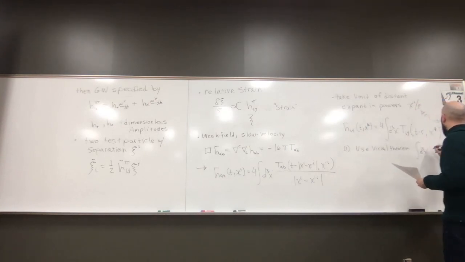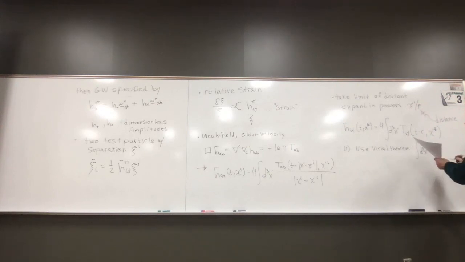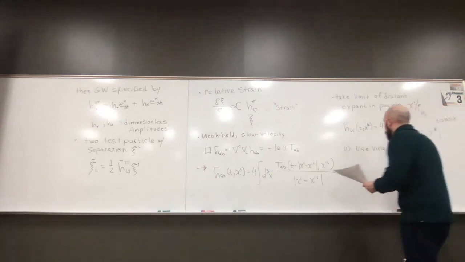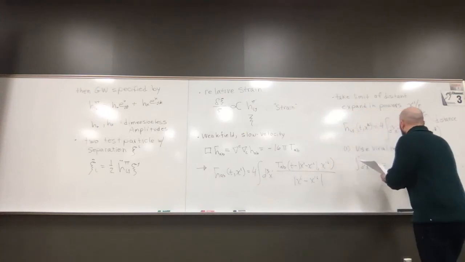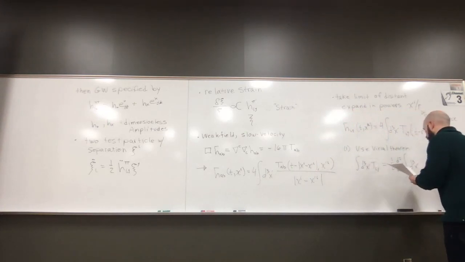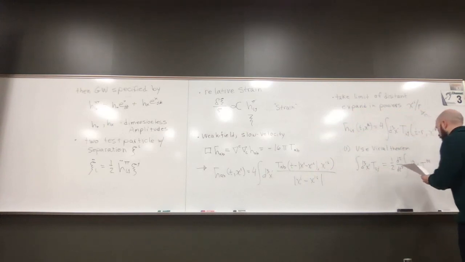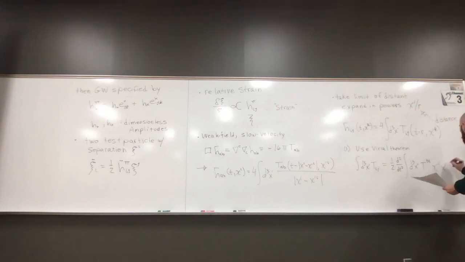Integral in space of T_ij is equal to 1/2 the second time derivative of the integral in space, d cubed x prime, of the time component of the stress energy tensor times x prime i, x prime j.